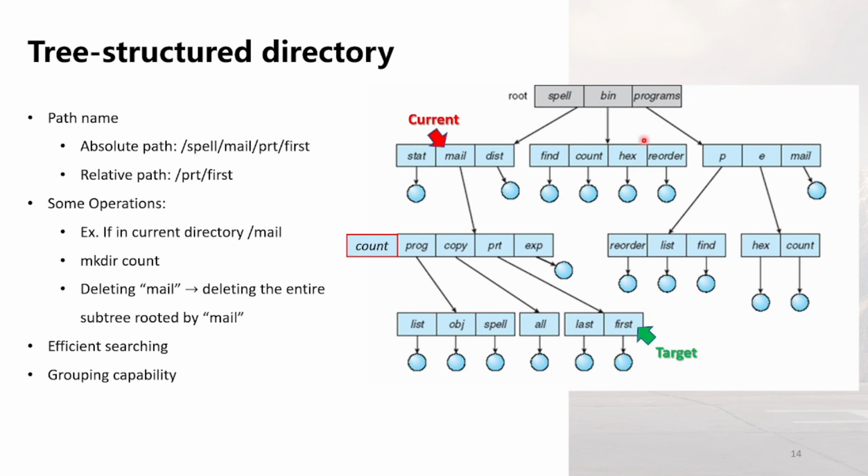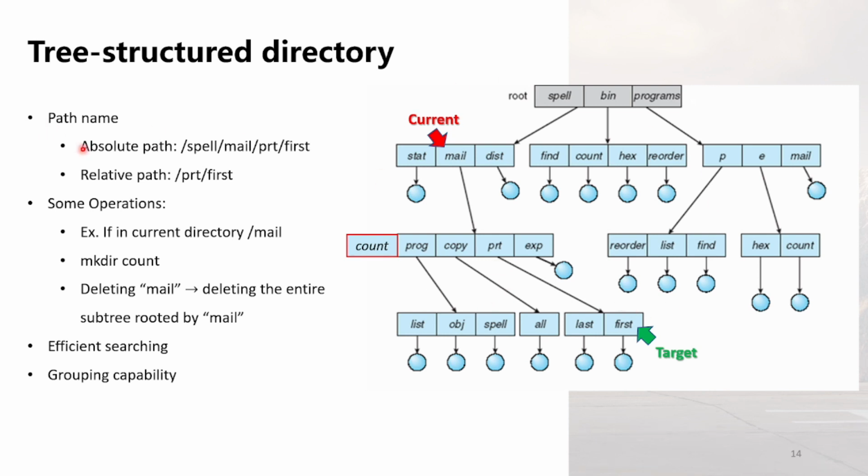From these 3 directories, the branches extend to the second-level directories, then third, and so on. Our focus is on how paths are defined and operations are performed within this structure.